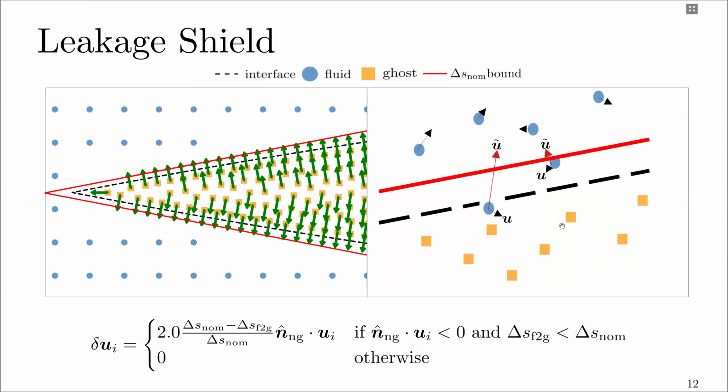So it turns out ghost particle volume constancy does not fix all problems. We can still have leakage issues when the ghost particles and the fluid particles have very inconsistent spacing.